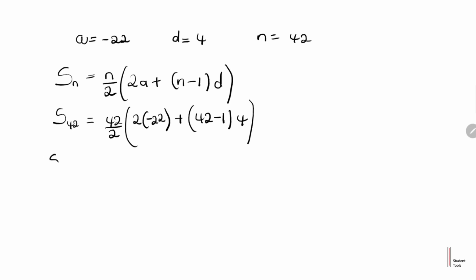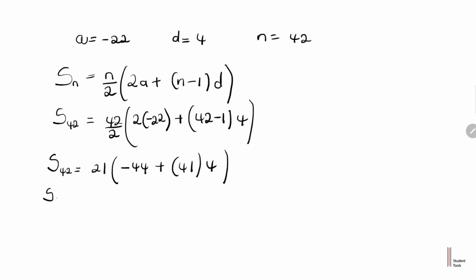So the sum of the 42 terms is equal to 42 divided by 2, that's 21, open bracket, 2 multiplied by negative 22, that is minus 44, plus 42 minus 1, that is 41, multiplied by 4. So we close this bracket.